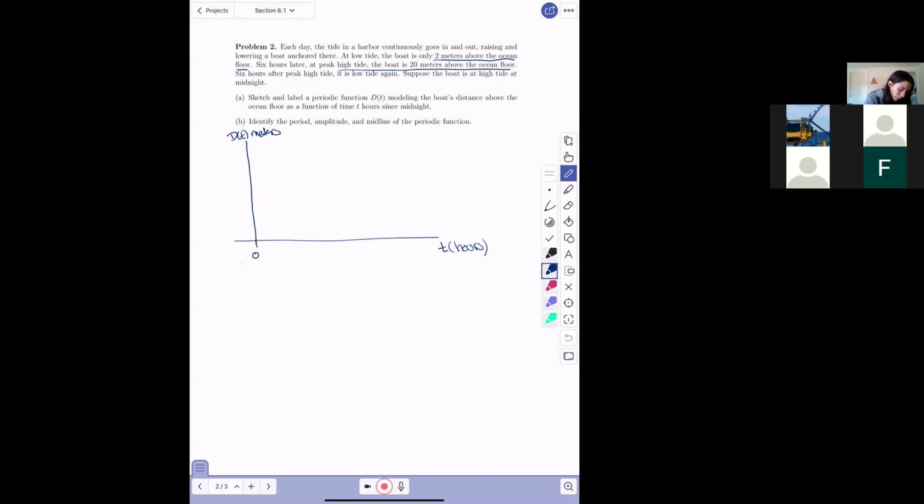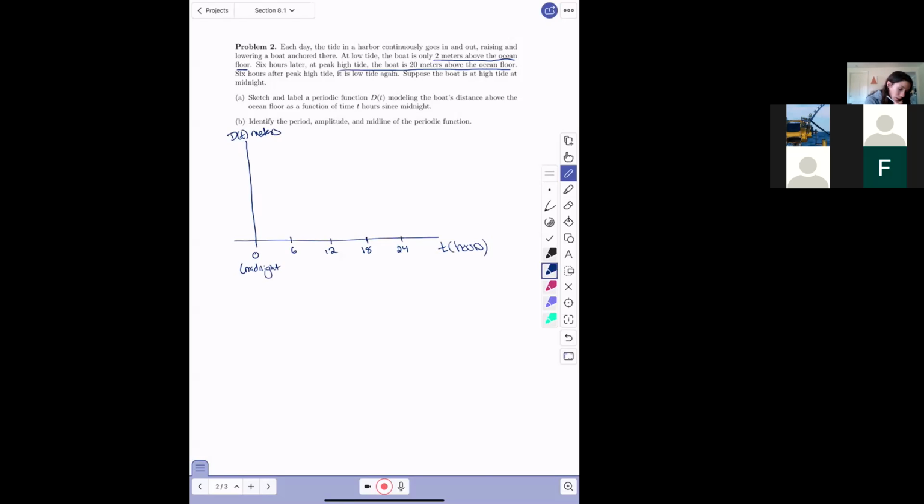Here's the point 0, which remember is midnight. Important measurements are every 6 hours for t, so we'll do 6, 12, 18, 24 on our t-axis, and on our d of t on our y-axis.